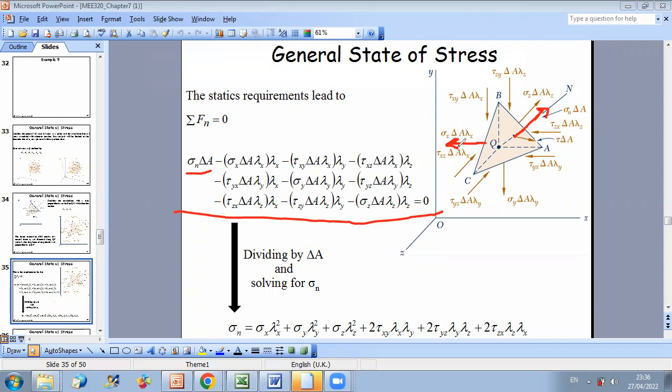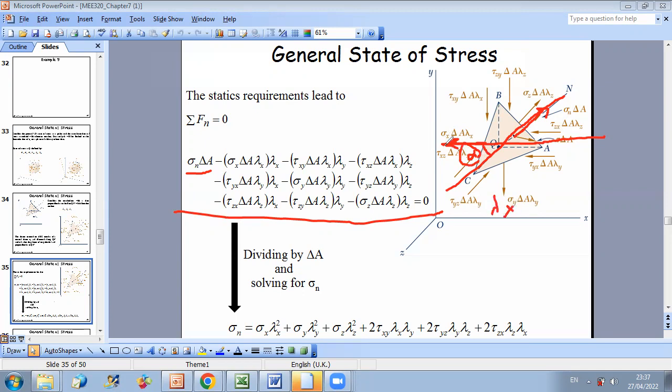For this force, we have the angle between this force, which is along x-axis, and vector un. To find the projection, we know that the angle between x and un is, as we said, alpha. So we should multiply the sigma x delta A lambda x by cosine alpha, and cosine alpha is equal to lambda x.